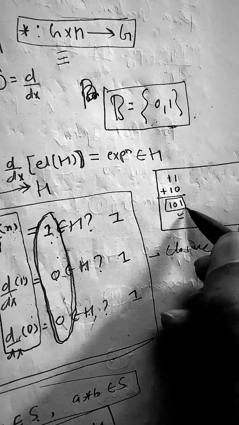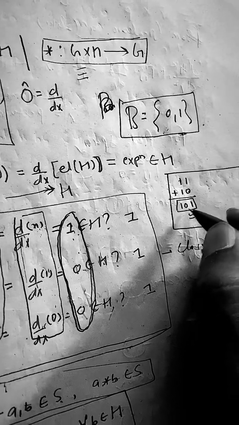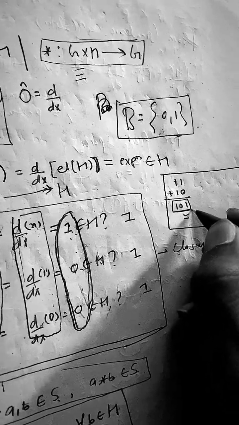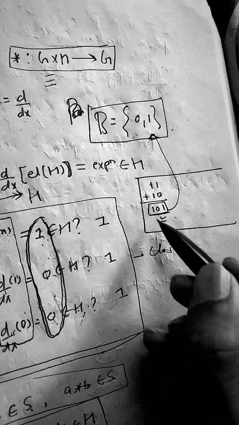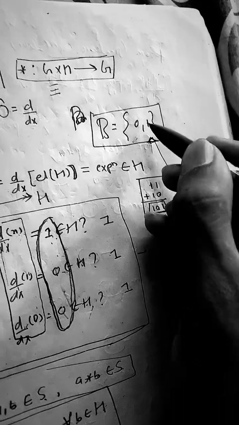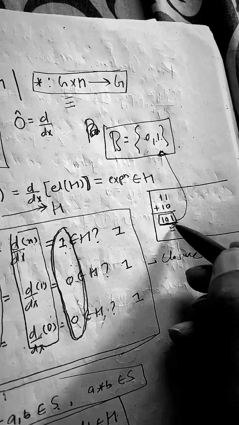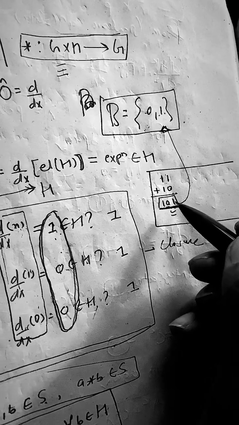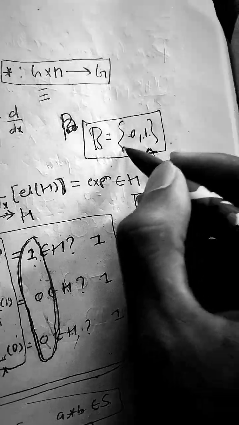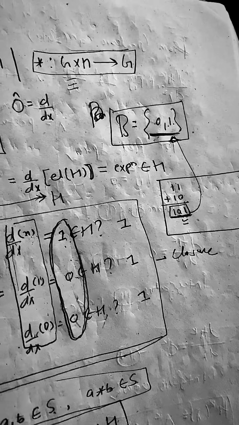So we have got 1, 0, 1, right? Now we say 1, 0, 1 belongs to this set 0, 1. Well, of course, each number 1, 0, 1 is coming from this set. 0 and 1 is nothing more than 0 and 1. We cannot add them and expect to have a number that is not in this set, right?